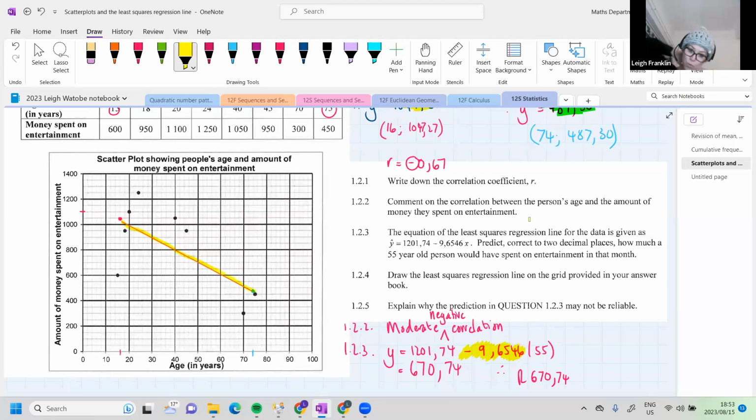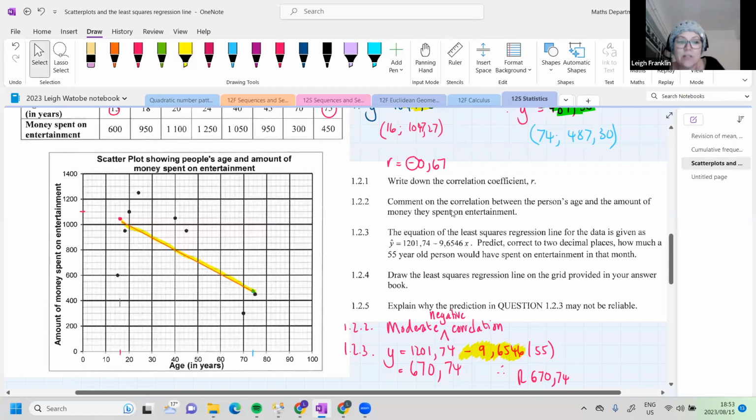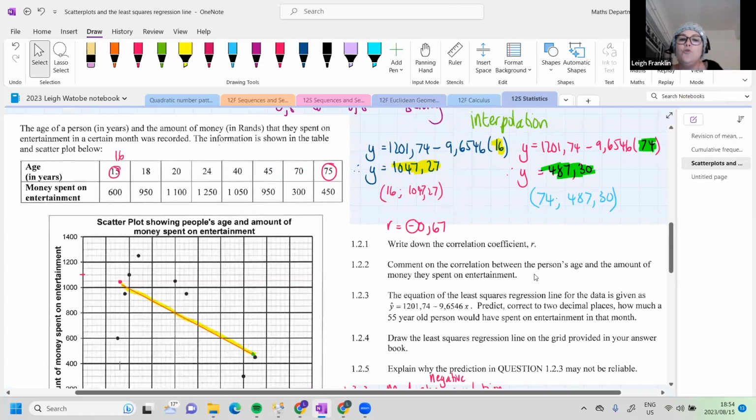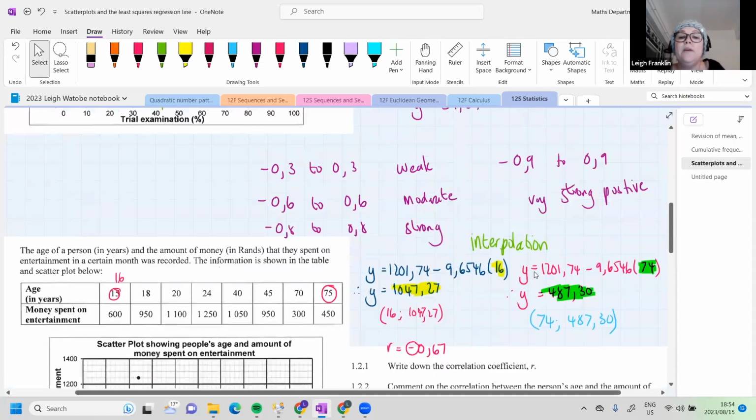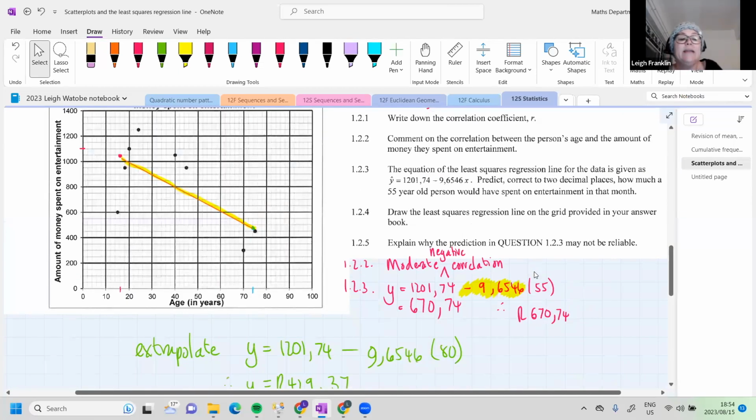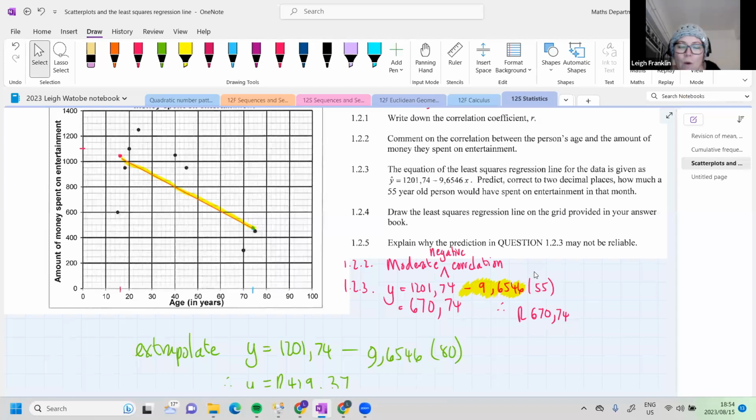So that's why there is a difference in this case. It's when we calculated b, we got the negative 9 point. Absolutely. So your b value on your calculator is the gradient of this line. Maybe that makes things a little bit more understandable now.